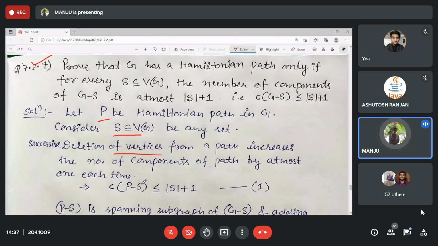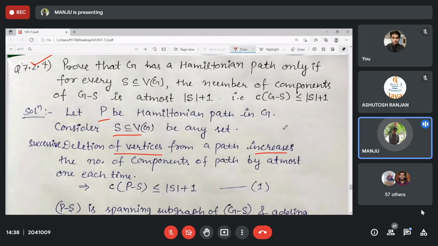We are deleting S from P, one by one, so |S| plus 1 is the bound.